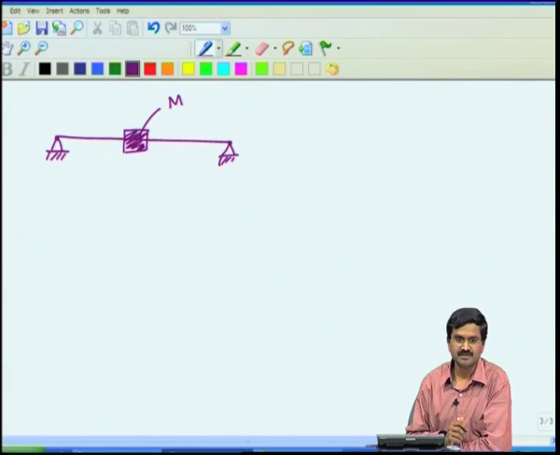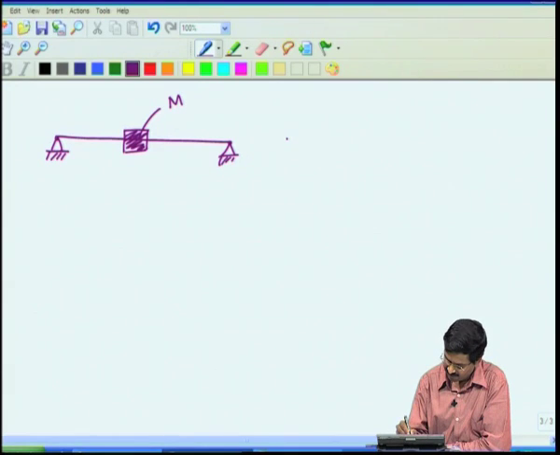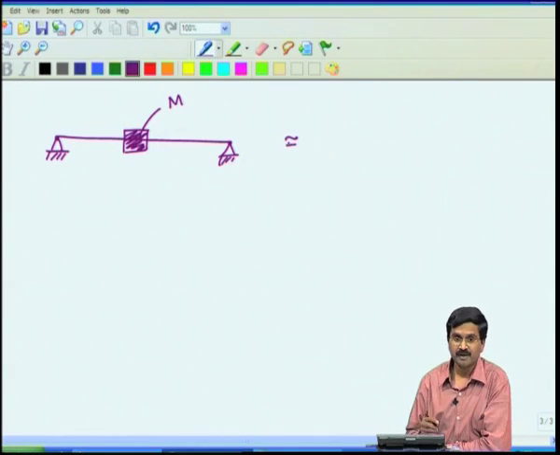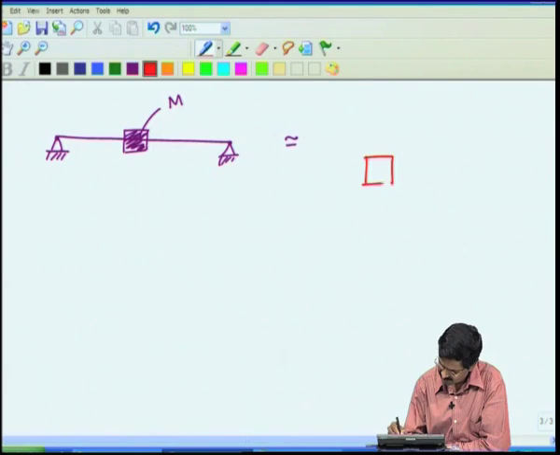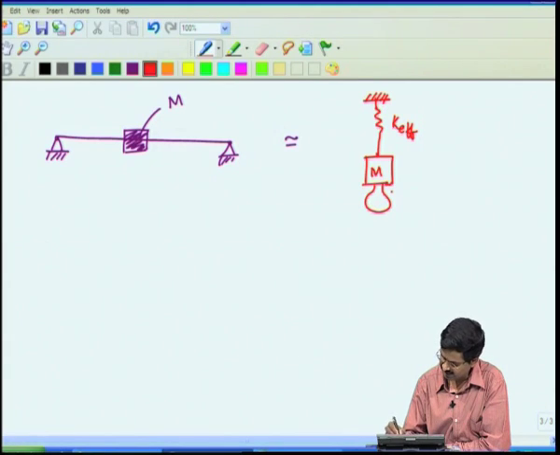How do I know the natural frequency of this system? If it were just a 1 degree of freedom system, meaning that if we were able to approximate this as what we had done earlier, that we have this mass which is restrained by a spring, if I can get this k effective and also the mass m we have, but then there will be an additional mass added to it, which we will say m effective.